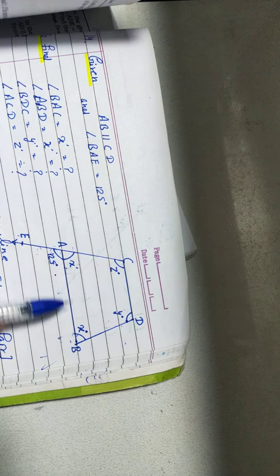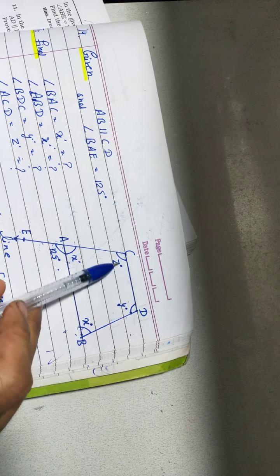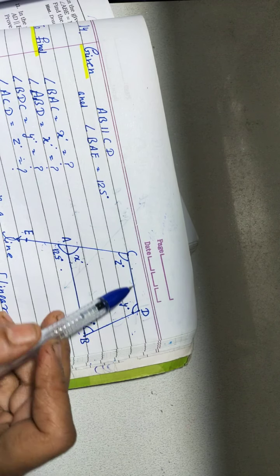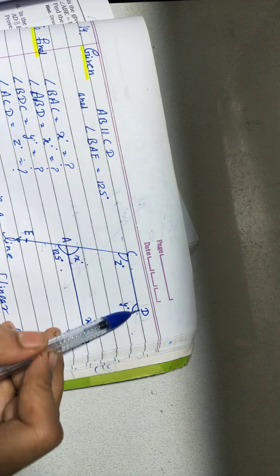Now we have to find our third angle Z. Now I'll consider AB parallel to CD and AC as transversal. Getting? AC as transversal, then Z is equal to 125, corresponding angle.